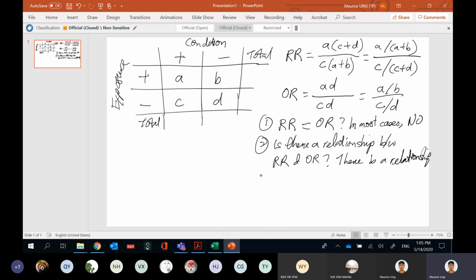Because of that, we infer that if the relative risk is more than 1, the odds ratio will always be more than the relative risk. Makes sense, right? If relative risk is more than 1, odds ratio will be more than relative risk.